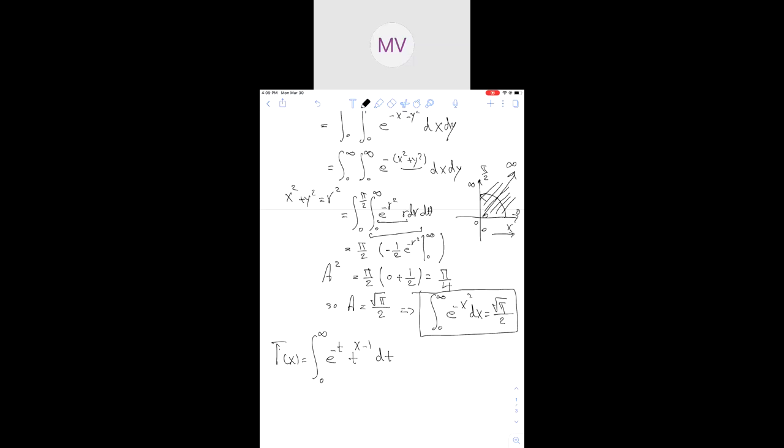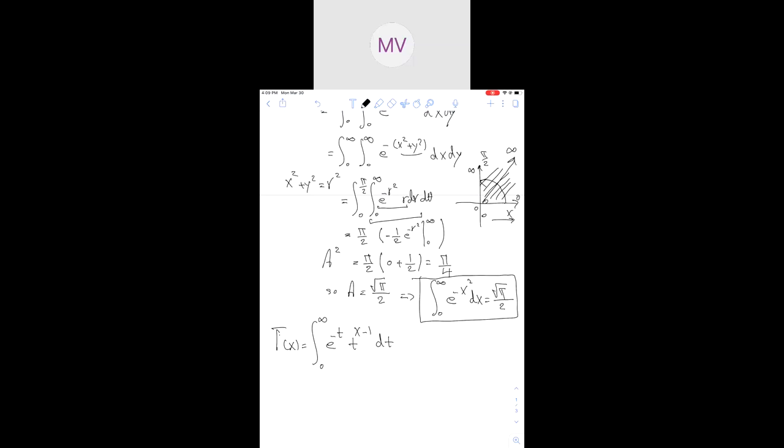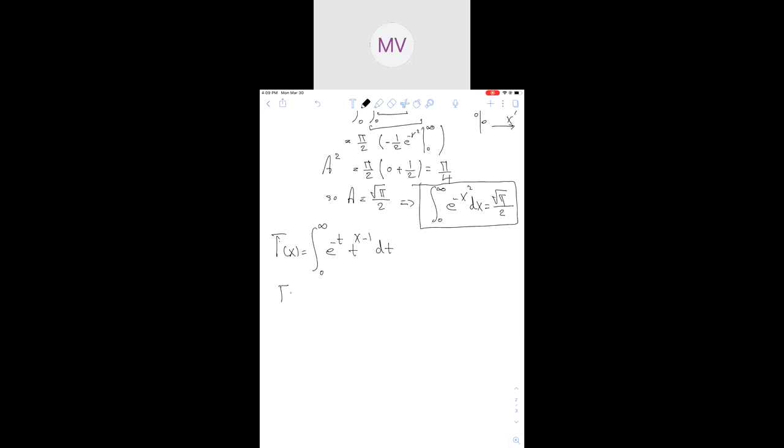That was the definition of gamma of x. Now let's write down the formula for gamma of half. So 0 to infinity, e to the negative t, t raised to half minus 1, dt. Let's simplify. 0 to infinity, e to the negative t, t raised to the negative half, dt.